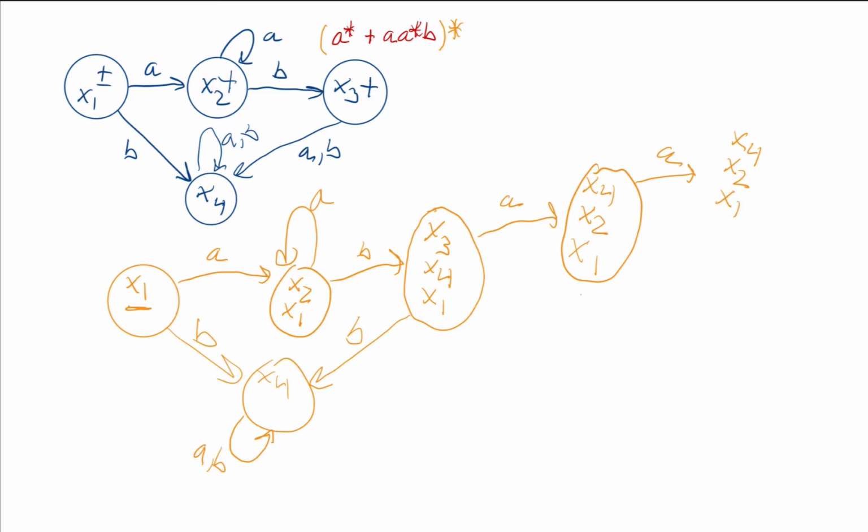And if I'm in state x1 and I read an A, I go to state x2, which is that state. And this state is the same as this state, so we'll just loop back.